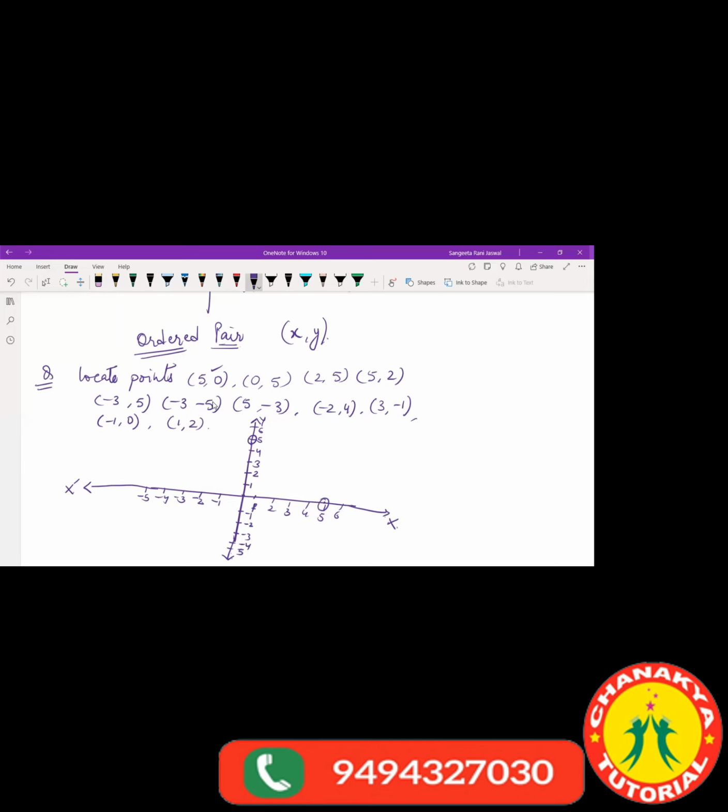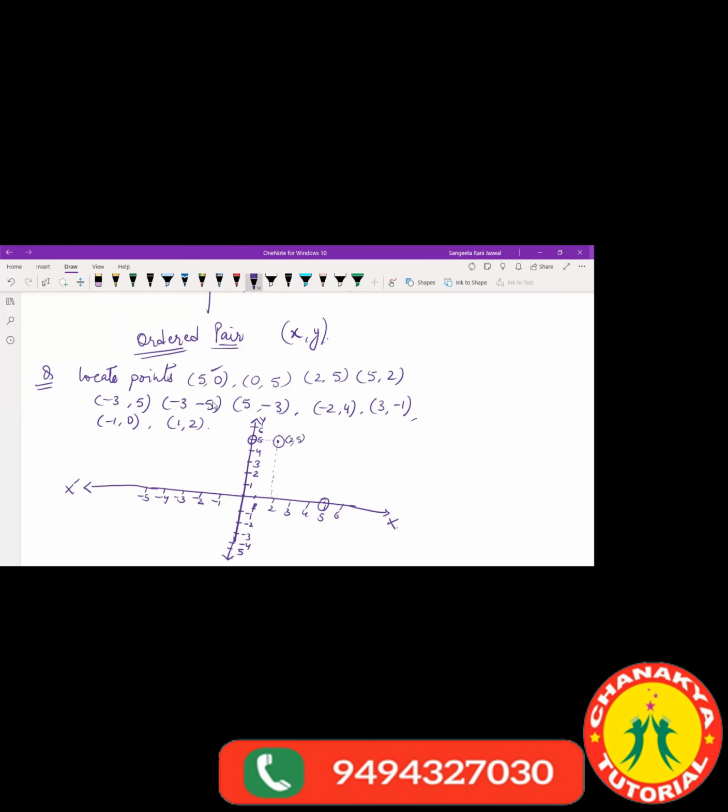Then you have 2, 5. Now you can see here 2 is positive, 5 is also positive. So 2 and 5 here. I'm making this rough line here. This point is 2, 5. Then we have 5, 2.